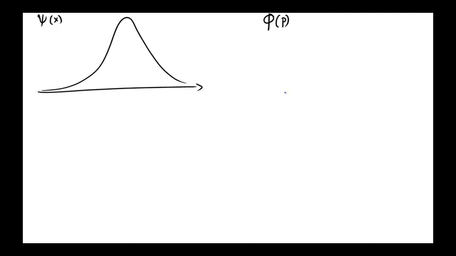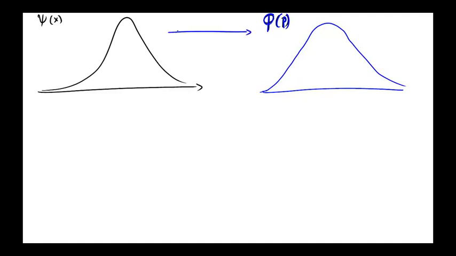Let's write it in blue. It's phi of p. This is going to be some other superposition. And what I'm claiming is that the way you get from one to the other and back is by doing a Fourier transform.